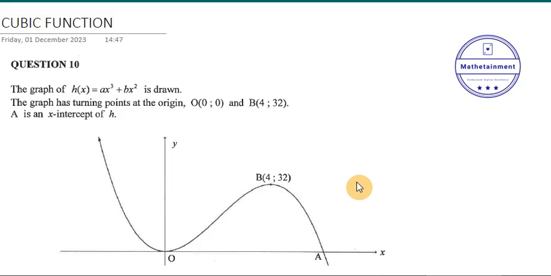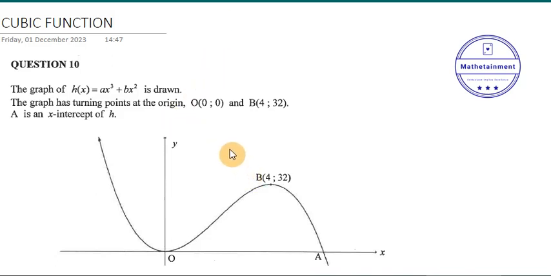Okay, here we are still dealing with the cubic functions. Okay, here we do have the problem from grade 12. This one is question 10. We are given the graph of h(x) equal to ax cubed plus bx squared, of which the turning points are known.